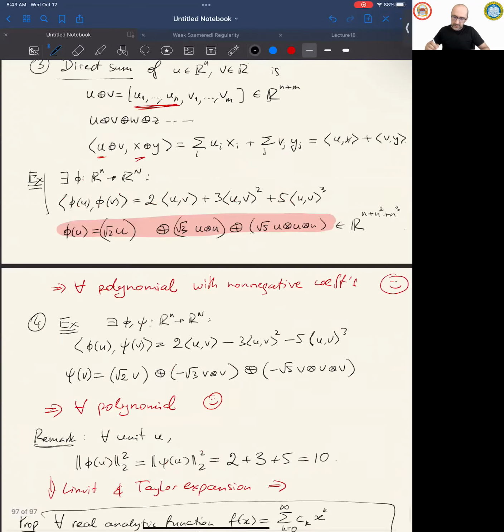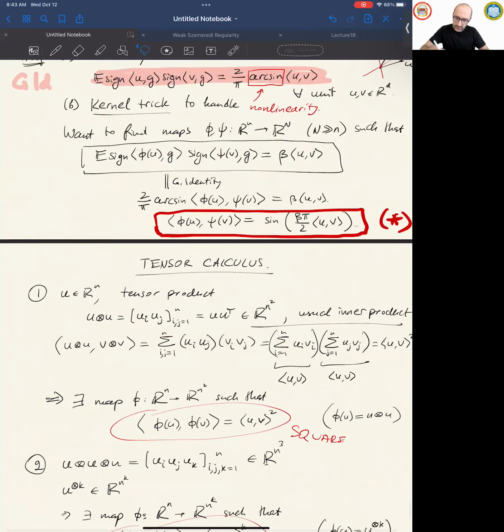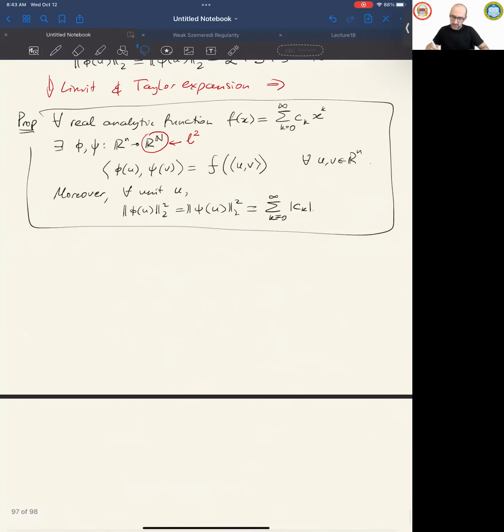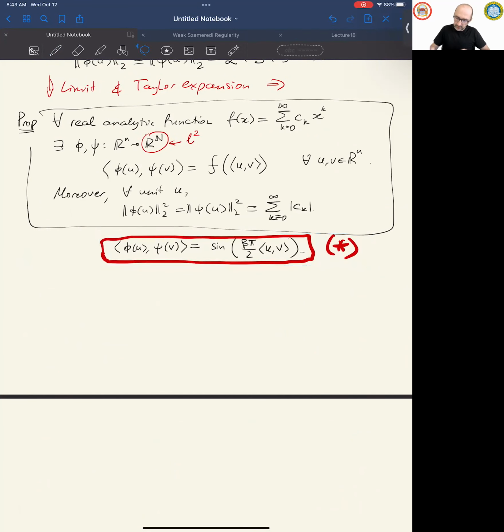Okay, let's go back here. What is it that we need? We need this. Let me move it, copy. So now we have this tool, we have the chainsaw, and we have this thing. We want to build that. So proposition, I'll just say that we can do this, okay?